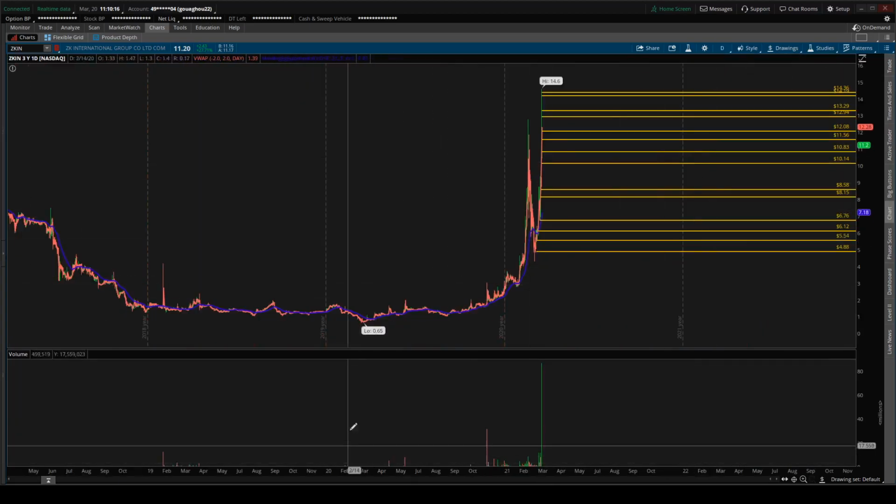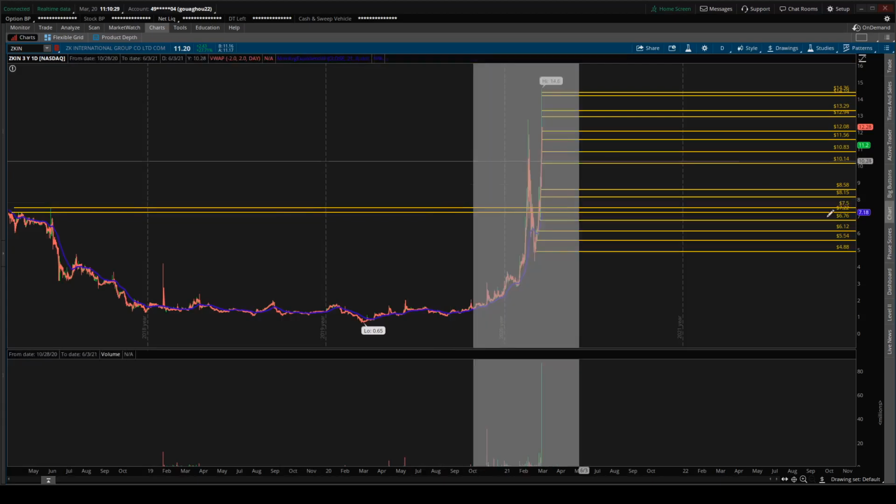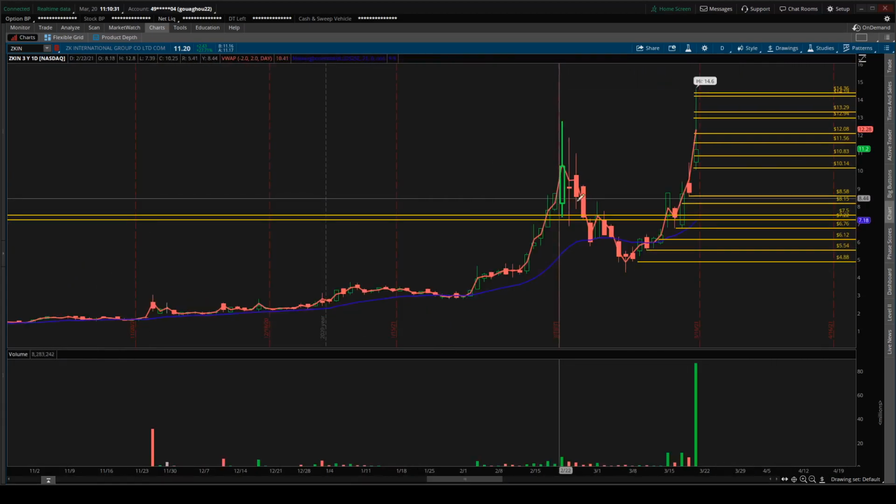I see the levels. As you can see here, we have this level as well on the intraday chart. This could be a very important level. So let's see how the levels that I've just drawn, these two levels, are gonna play out. So we have also this level here.